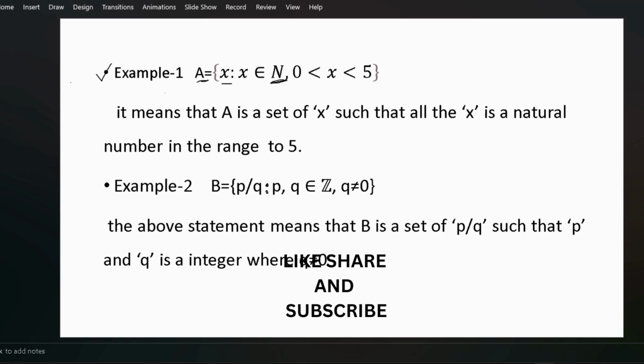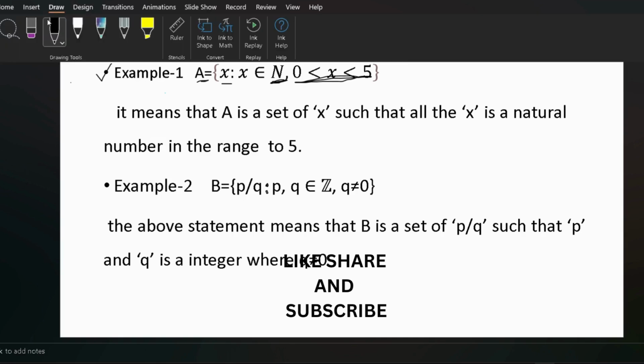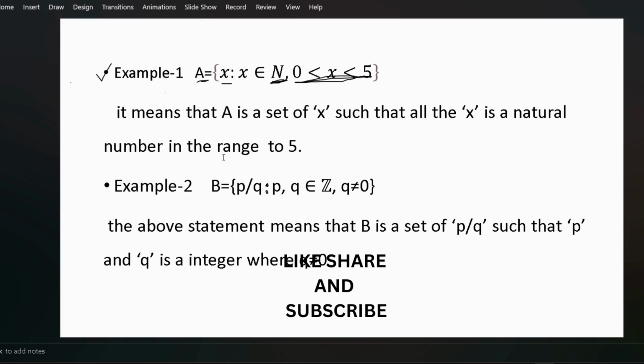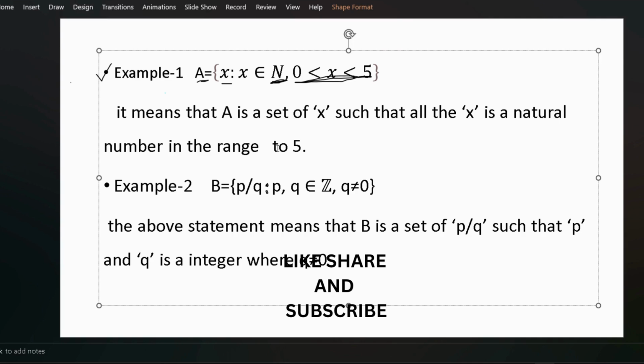And this x belongs to 0 to 5, sorry, there's a mistake.